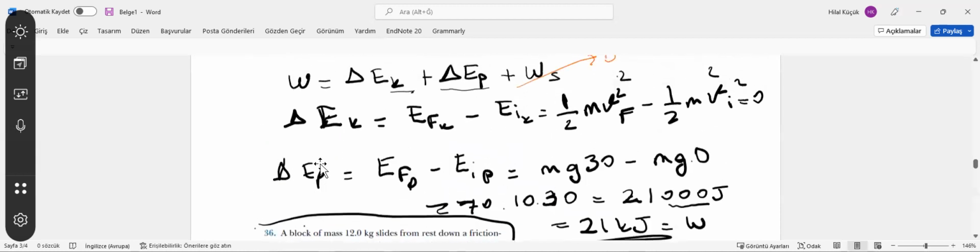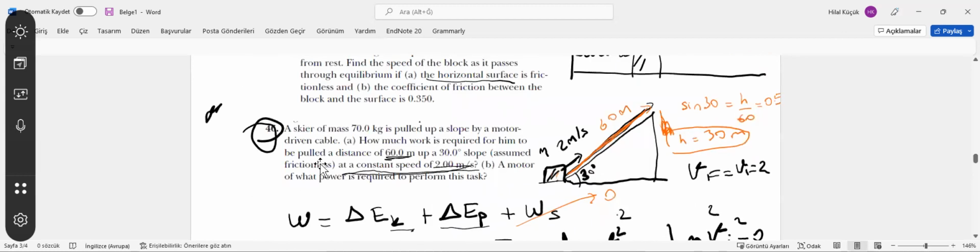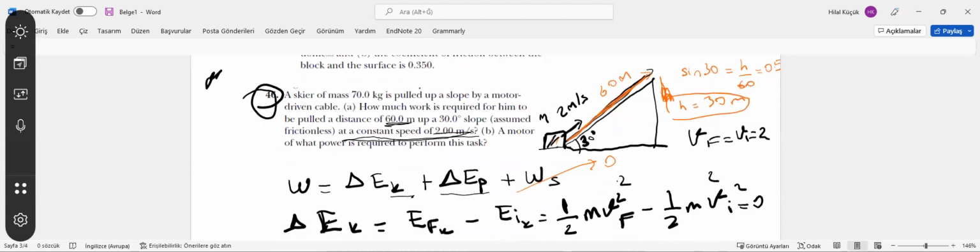And is there any time information? No, there isn't time information. Which one can I use? Maybe we can find t, because I know this part: a constant speed, and the displacement is 60.